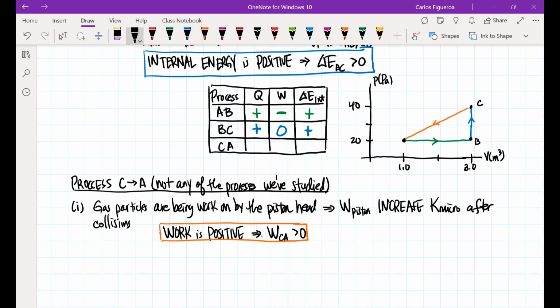So now let's keep going along the same process. And here, the pressure decreases as the volume also decreases.